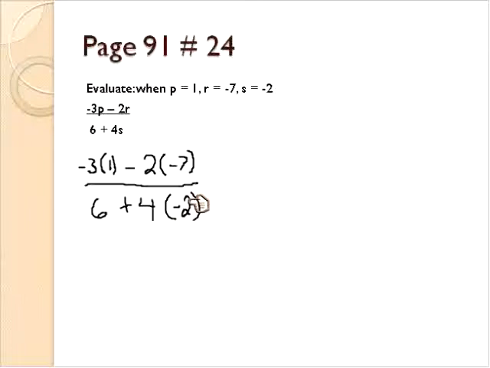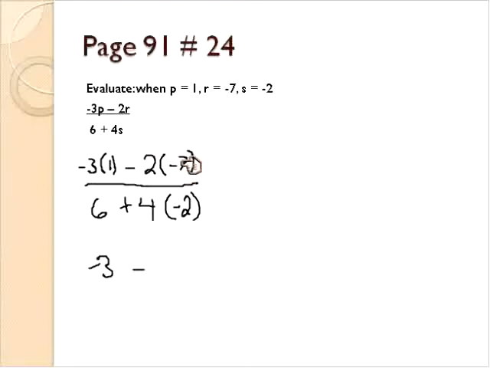So here's substitution. I'm going to substitute in p equals 1 everywhere I see a p. There's a p there, so I'm going to substitute in 1. R is equal to -7, so I substitute in -7, and S is equal to -2, so I'm going to put in -2. And now I'm going to solve this entire equation.